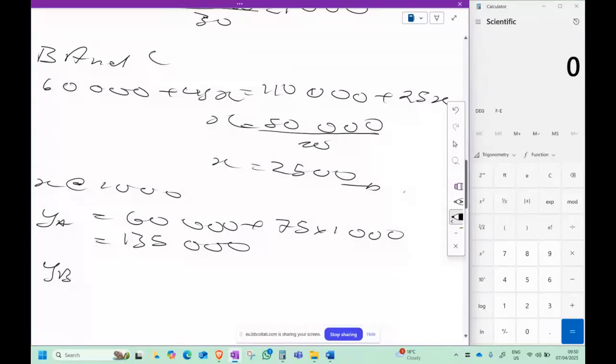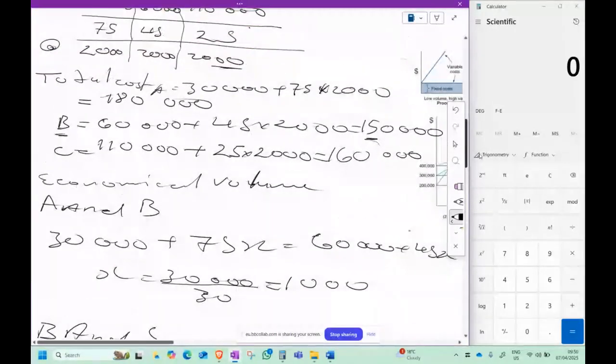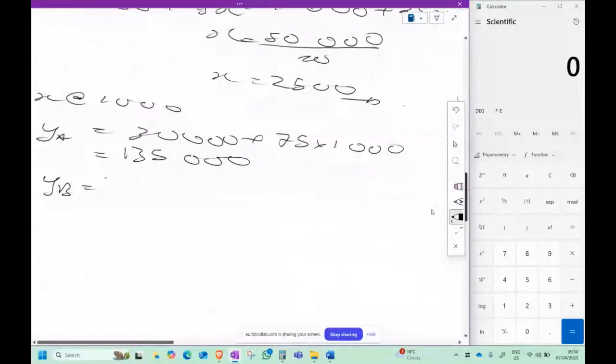To your surprise, you'll realize that this is the same. No, guys, I'm making a mistake. This is a 30. Why don't you stop me? This is a 30. 30,000 plus 75 multiplied by 1,000.